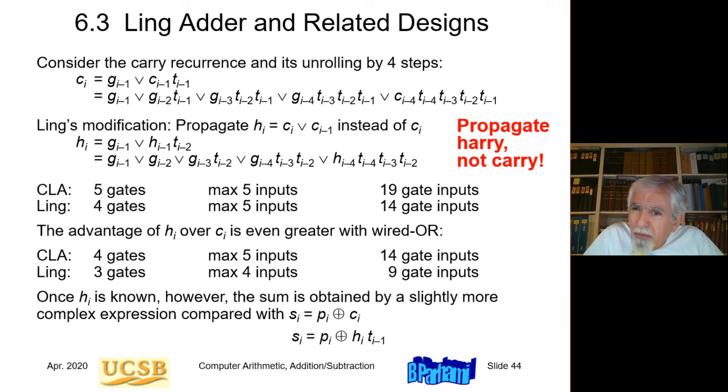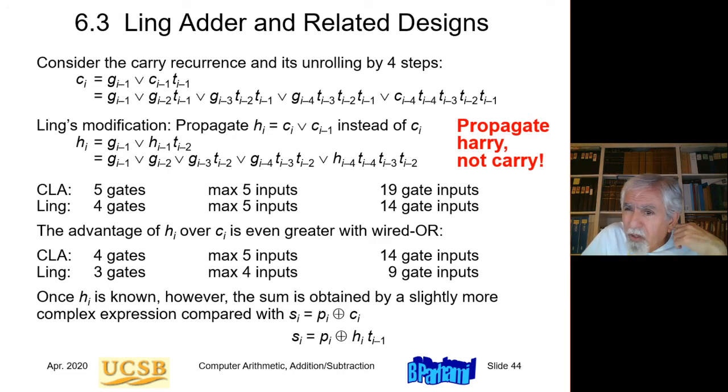Okay, and this is easily provable. So when I unroll this recurrence a few steps, compare the unrolled version of the recurrence for Hi, which is the next line down from Hi, to the unrolled recurrence for Ci, you notice some differences.